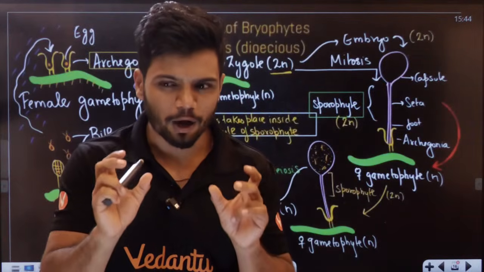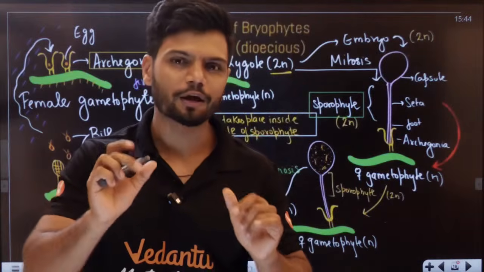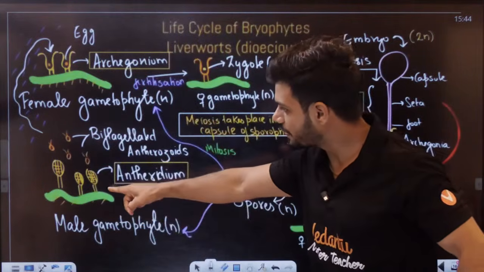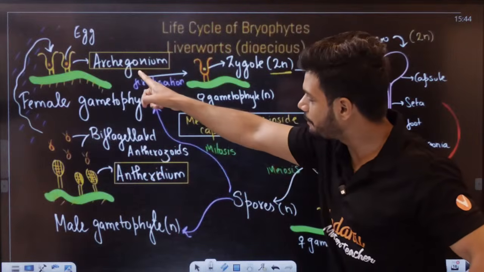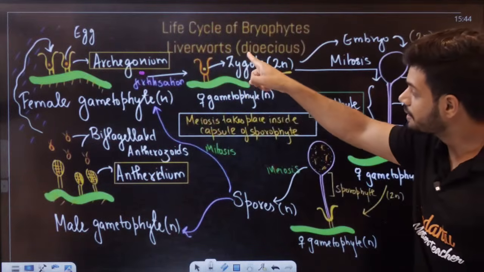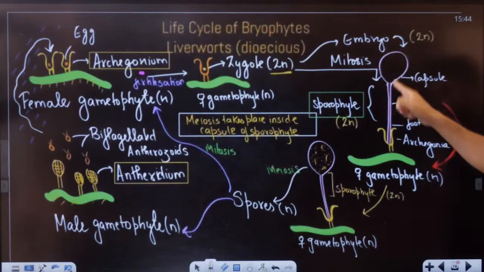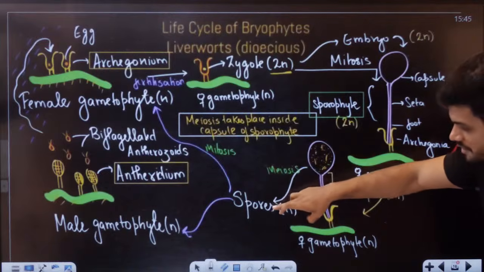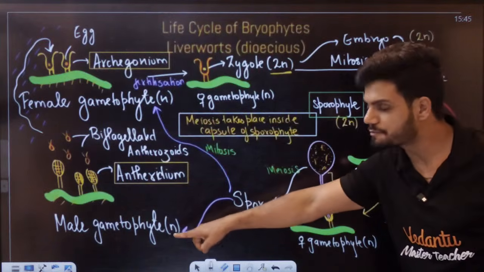Students, do you realize how amazing the life cycle of a bryophyte is? स्टार्टिंग गैमेटोफाइट से हो गया, गैमेटोफाइट ने गैमेट्स बनाए, यहां पर गैमेट्स फ्यूज हो गए, जाइगोट बन गया, जाइगोट माइटोसिस होके स्पोरोफाइट बना दिया, इस स्पोरोफाइट के अंदर मियोसिस हो गया, मियोसिस होने के बाद वापस स्पोर बन के गैमेटोफाइट बन गया.